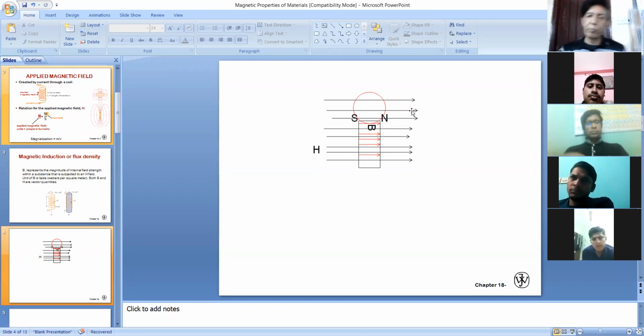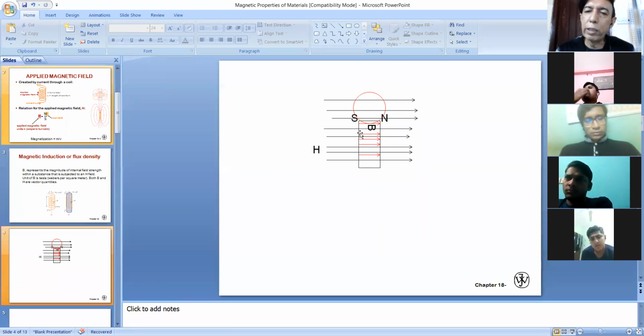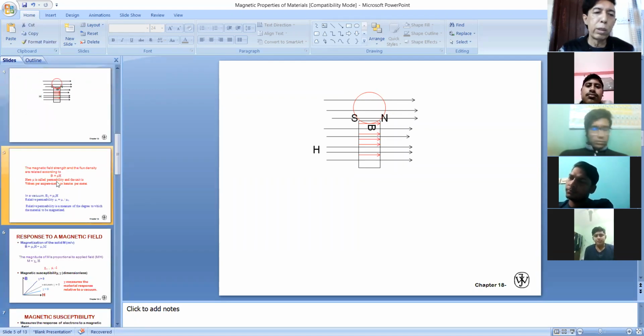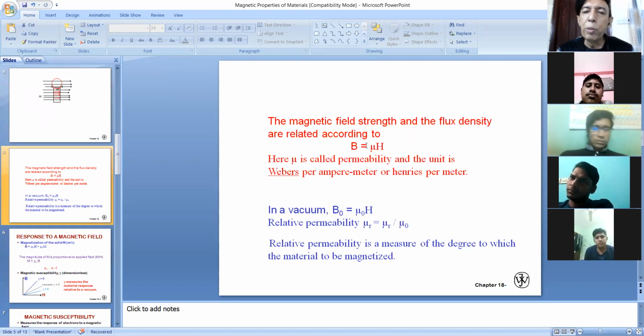So what is mu? Here you see the field strength increases, and here the original field strength decreases. So B is equal to mu into H. What is mu?